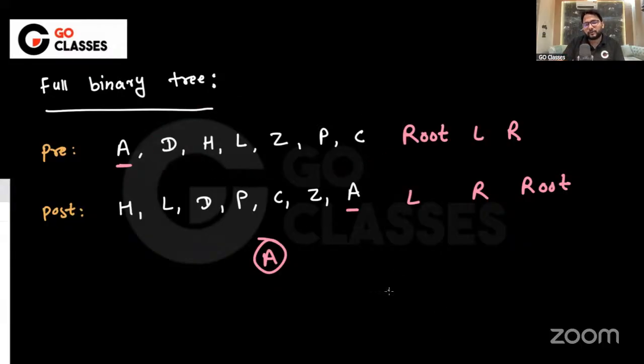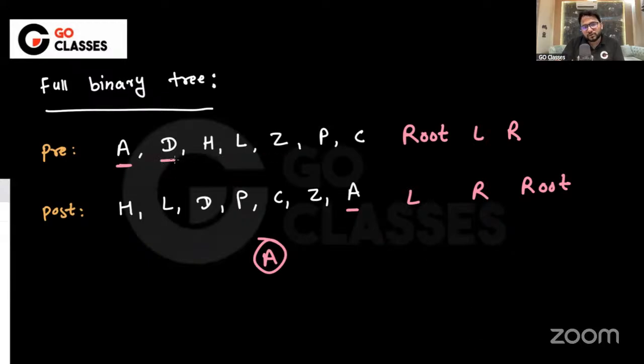Anyway, I found out that A is the root, and now I need to find out what is the left and what is the right. Either this is on the left, this is on the left, something like this, right?